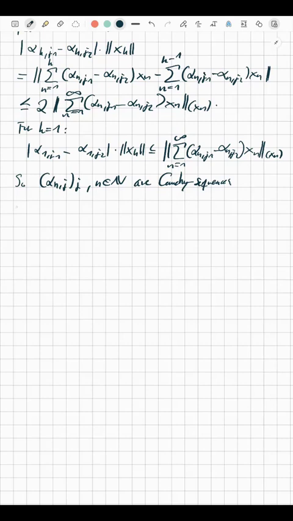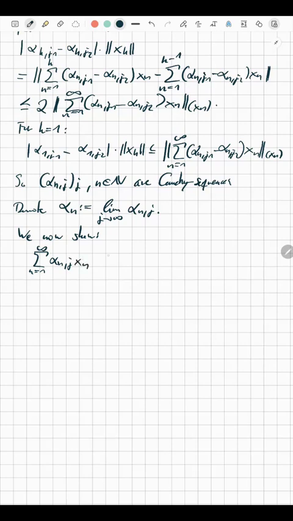So they converge, and we can denote alpha n to be the limit as j goes to infinity of alpha n j. And now we will show that these representations of vectors for j going to infinity actually converge to this vector with coordinates alpha n.